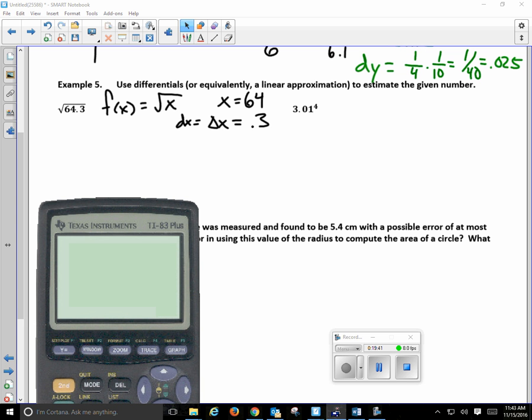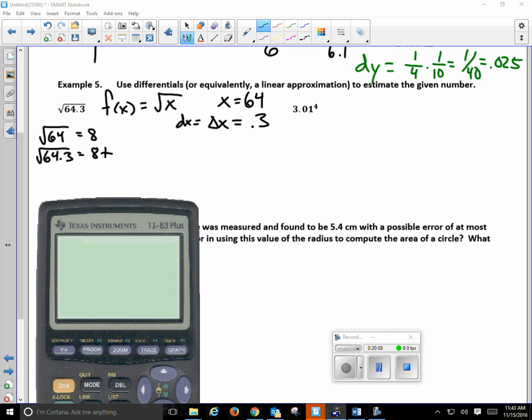Square root of x, you know, square root of 64 is 8, but what we want to do is move x 0.3, right? So the idea is that we know the square root of 64 is 8. So the square root of 64.3 will be 8 plus something. We moved 0.3 for x. We're going to move something for y.